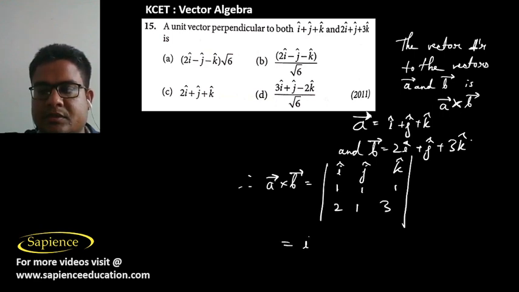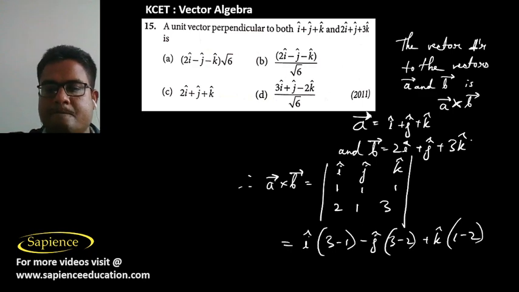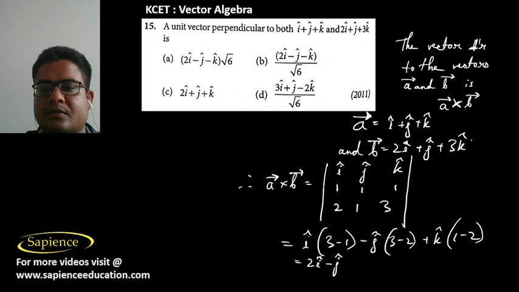If we expand this determinant, it will be i cap into 3 minus 1, minus j cap into 3 minus 2, plus k cap into 1 minus 2. It will be 2 i cap minus j cap minus k cap.